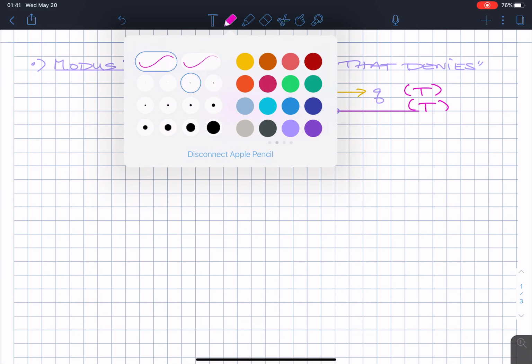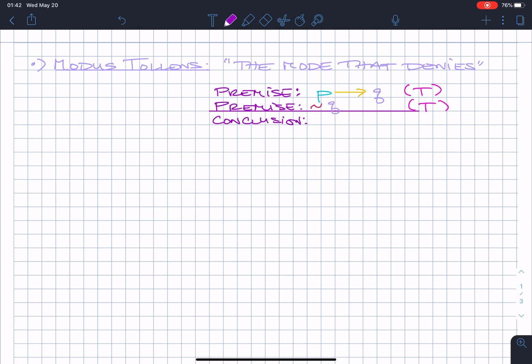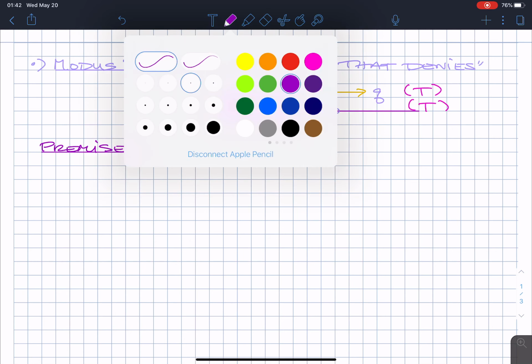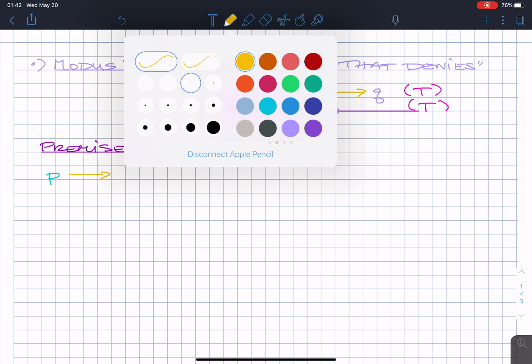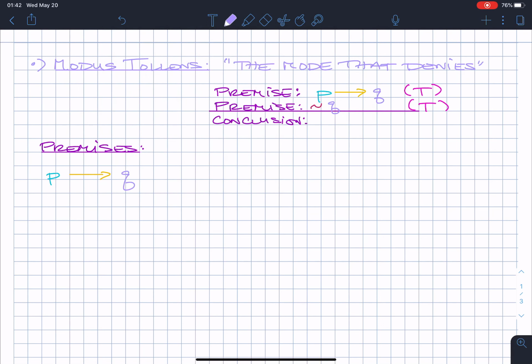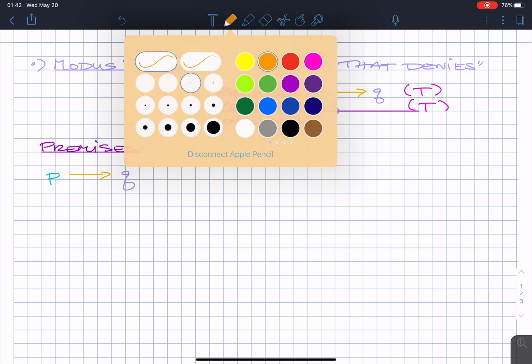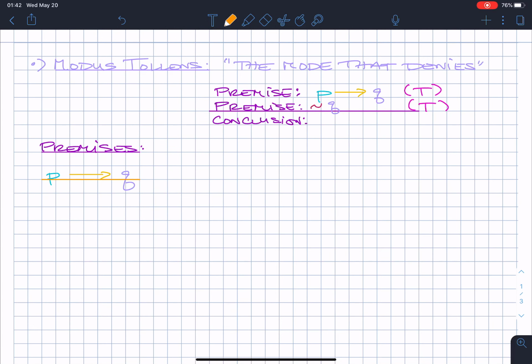So let's look at our premises. Well, we know that P implies Q is true, right? Let's underline this. It's true.